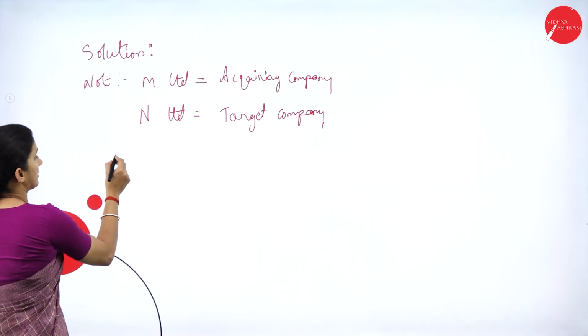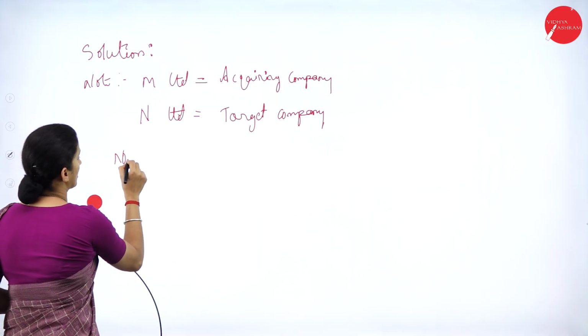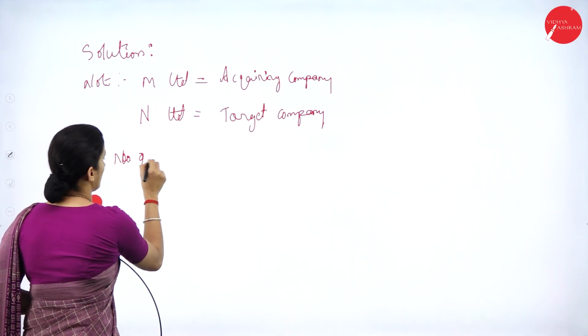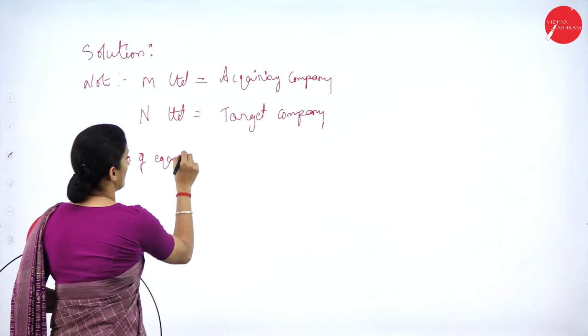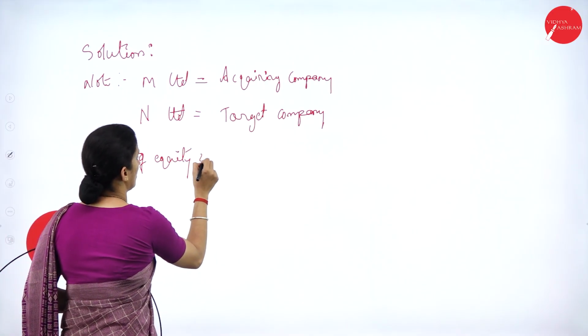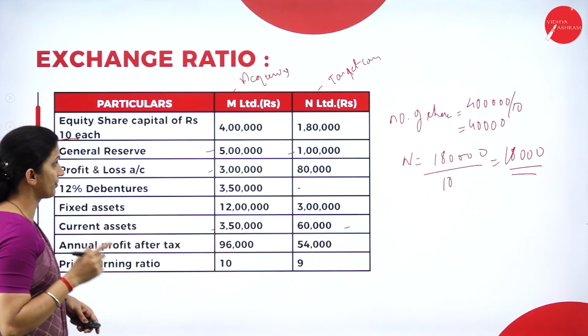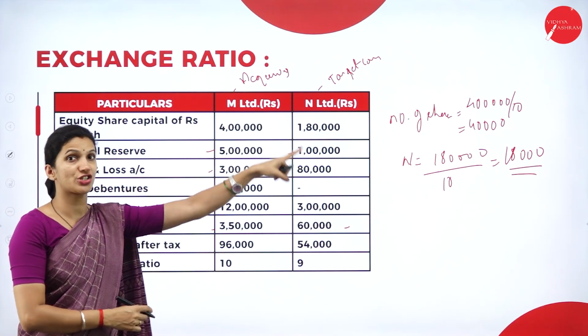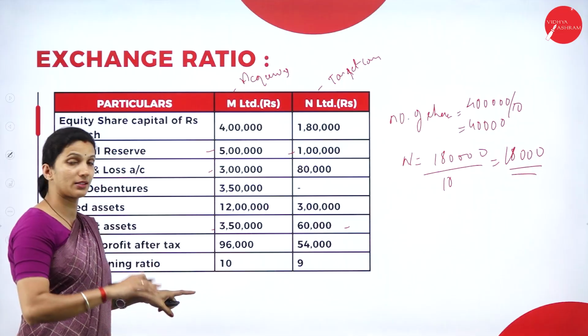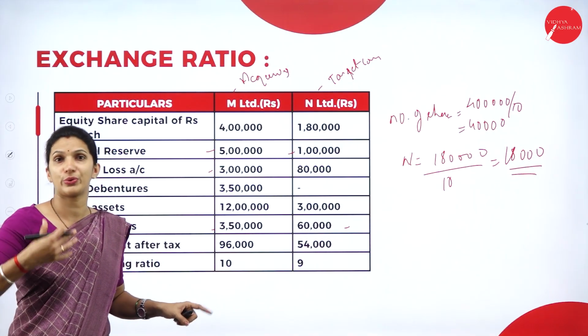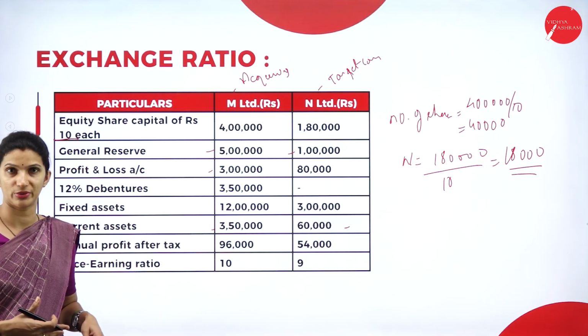Next, we'll write what is the number of equity shares. So here in this question we have the total equity share capital. But when we calculate the EPS, we need to know the number of equity shares.